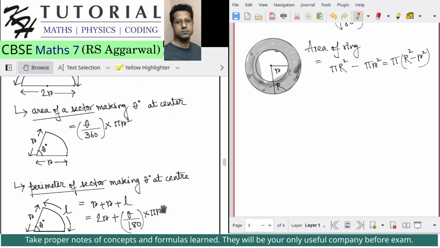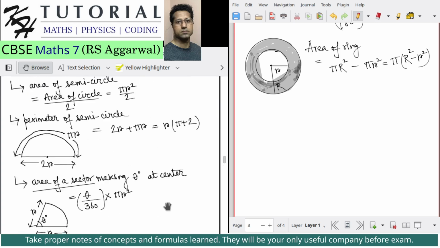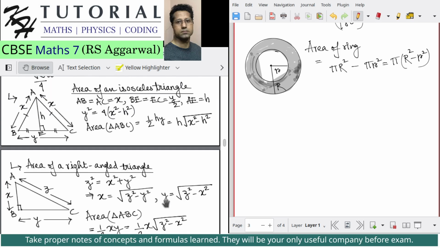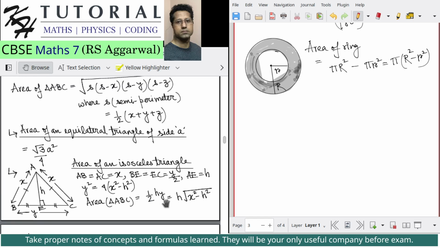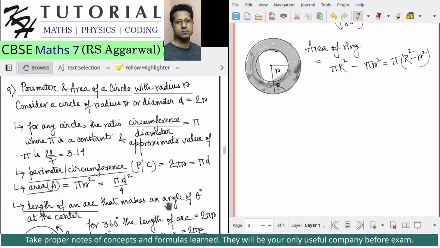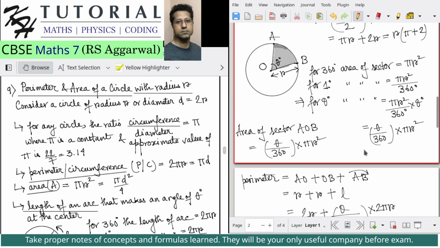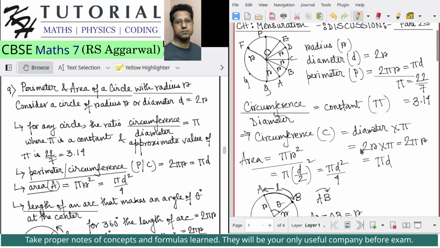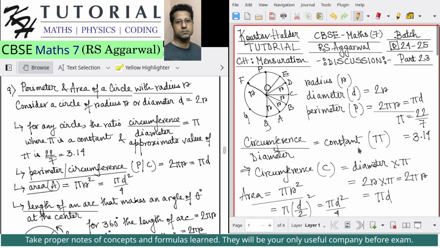Now, based on whatever I have discussed, starting from the beginning, let's quickly recap. We have the basic definition of the area and perimeter of a circle. A circle having radius small r, small d is used to denote the diameter of a circle.